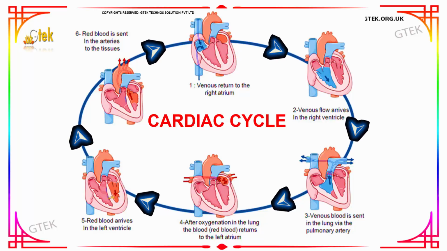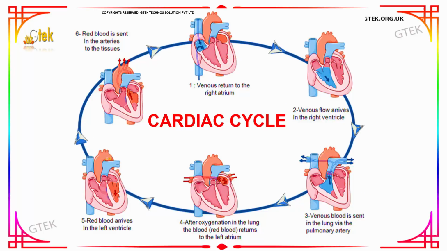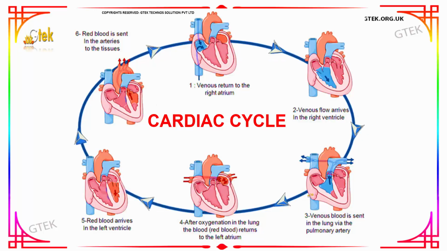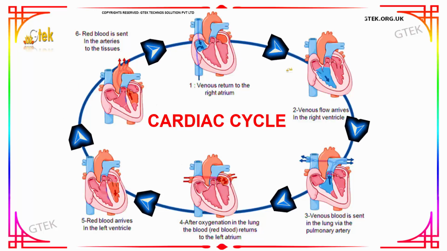And from the left ventricle, the blood enters into the aorta through the aortic valve, and further the pure blood is sent to the various parts of the body. So this cycle goes on in your heart, and that is known as your cardiac cycle.